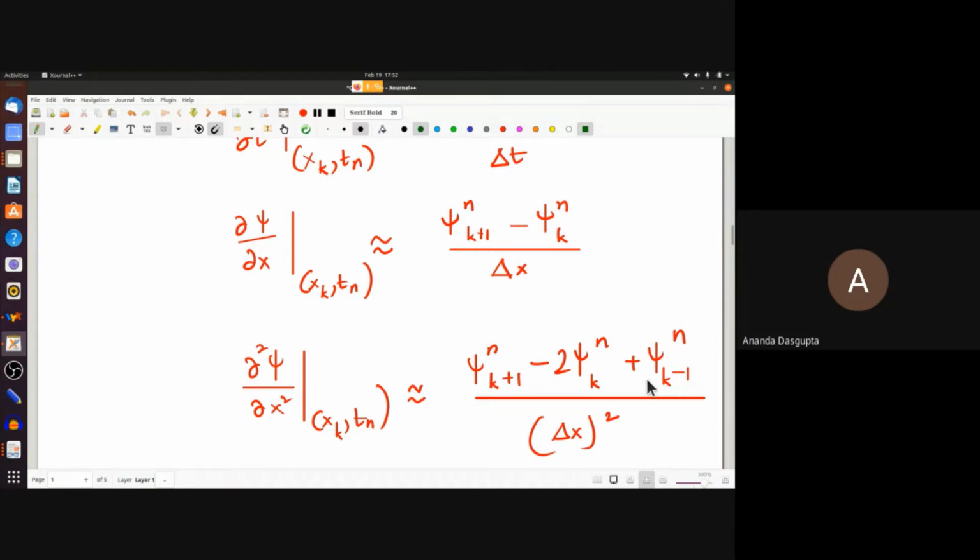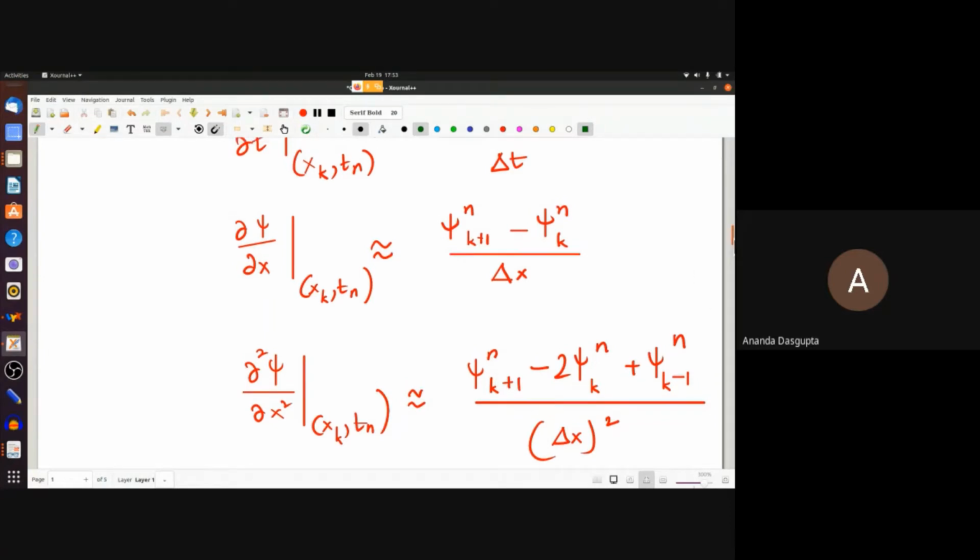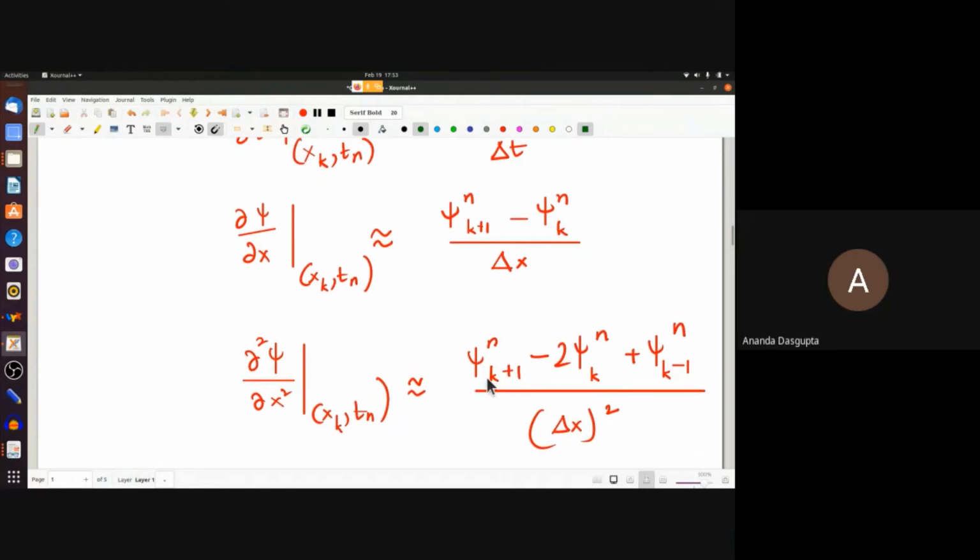Not the most accurate formula, but the lowest order formula: you take the value of psi on the left, the value of psi on the right, subtract twice the value of psi in the middle, and divide that by delta x squared. This of course should be familiar to all of you. The only thing perhaps unfamiliar would be the notation. That is, instead of saying at x plus h, at x minus h, I'm just saying k plus 1, k minus 1. That's it.